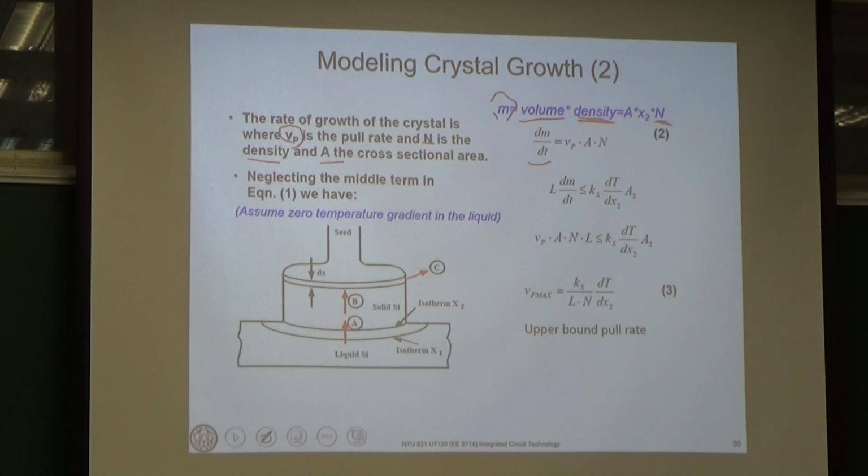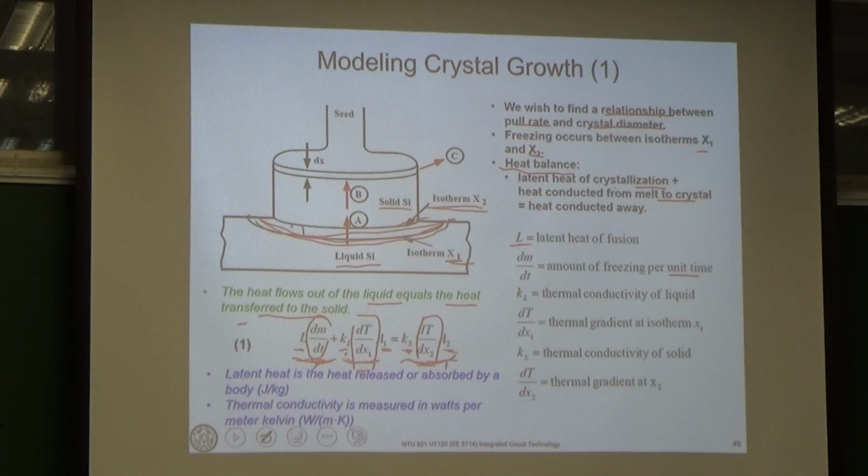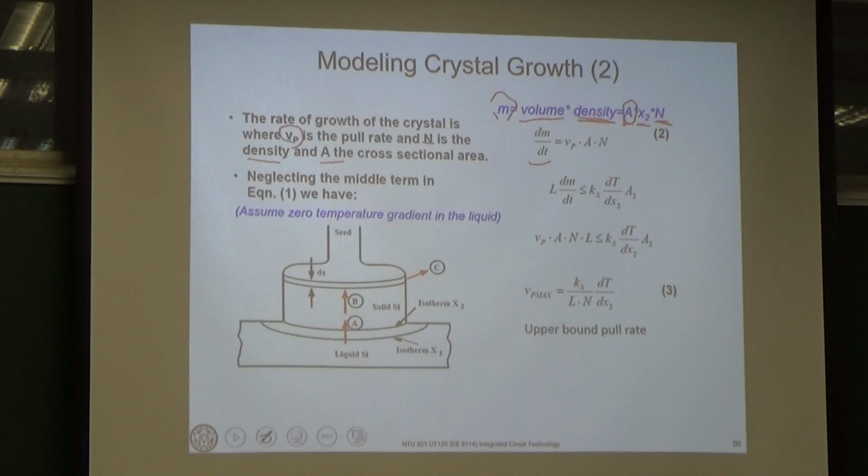The density is n, and you can use your area times x2 to represent your volume. So for dm/dt, we take the differentiation, and dx2/dt becomes Vp, right? Because dx2/dt will be your pulling rate Vp here.